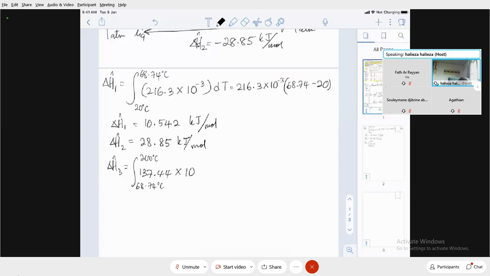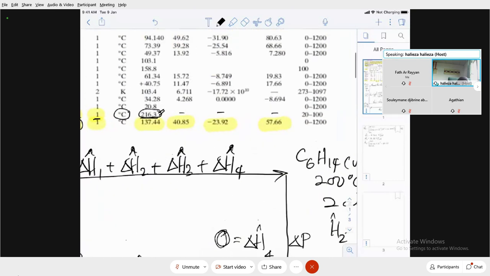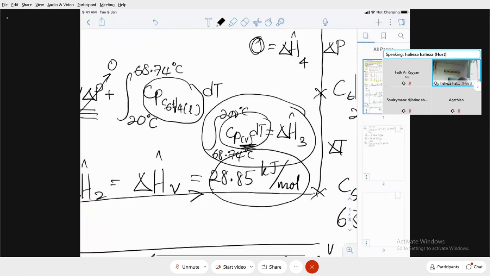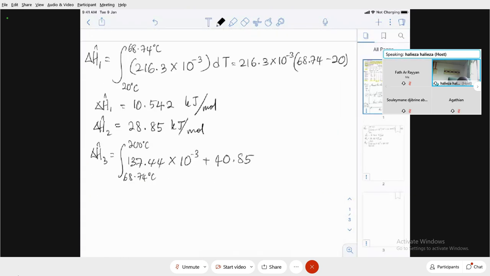Why? I already explained why. The value for B is 40.85. This is A, this is B, this is C, this is D. But remember, all of them need to be changed to times 10 to the power of negative. So let's write down inside our polynomial equation times 10 to the power of negative 5.